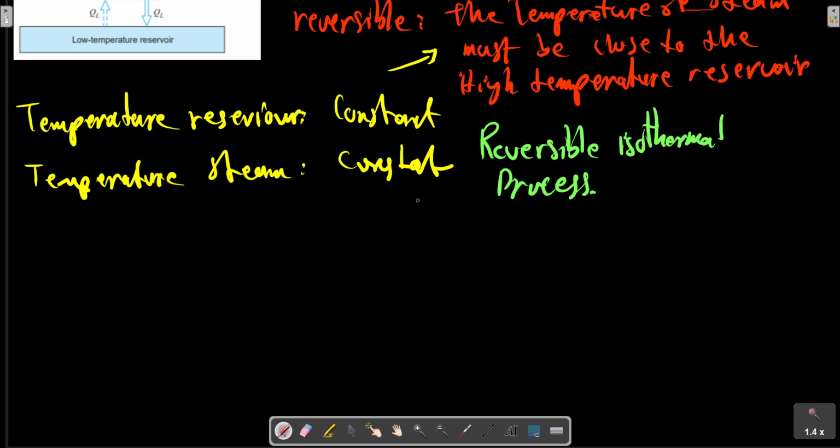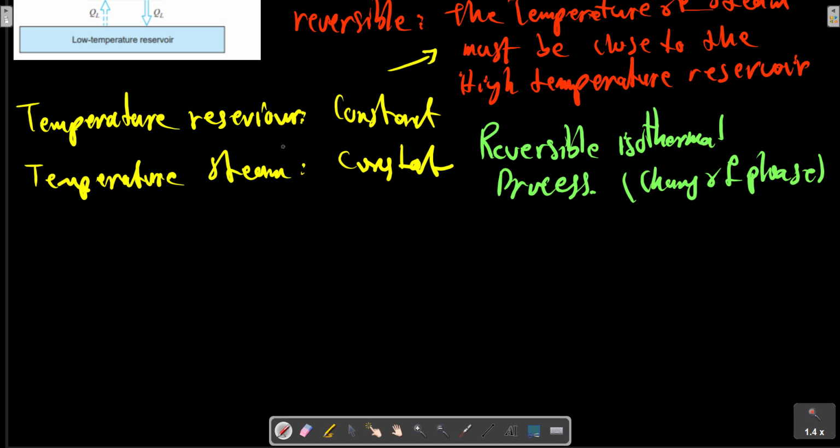A change of phase from liquid to vapor at constant pressure is, of course, an isothermal process for a pure substance.